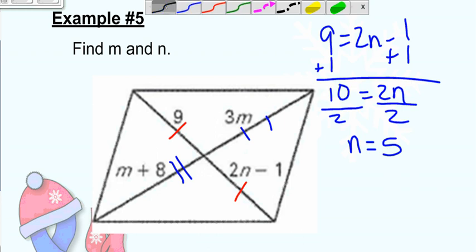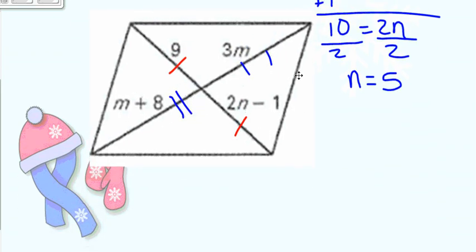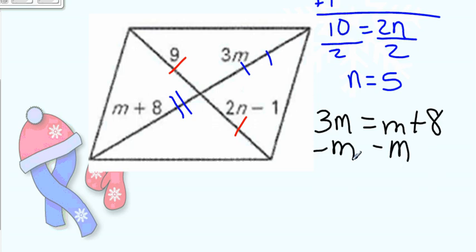Now, if we are looking at the one in blue there, we're going to have 3m equals m plus 8. Remember, we want all of our variables on one side and our numbers on the other, so we're going to subtract m to the other side.